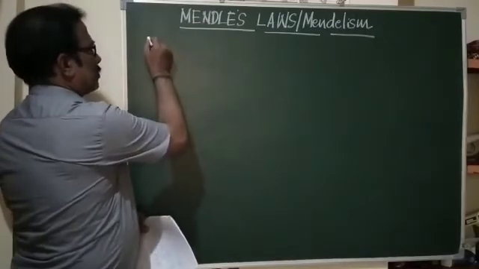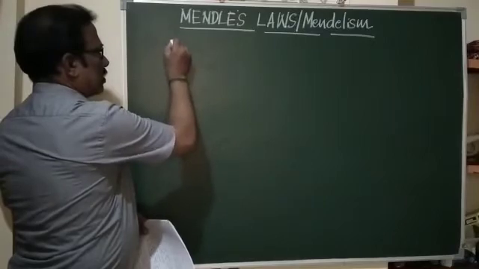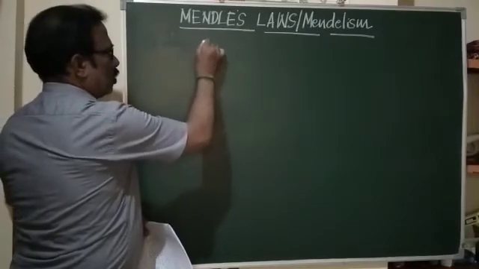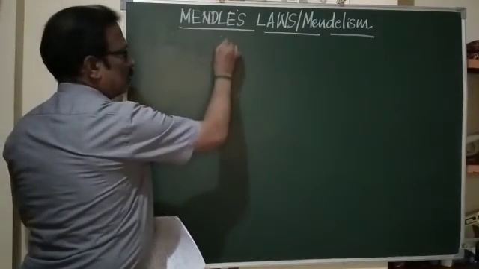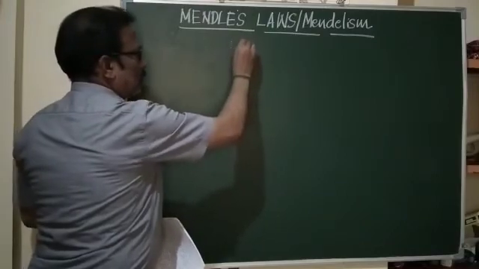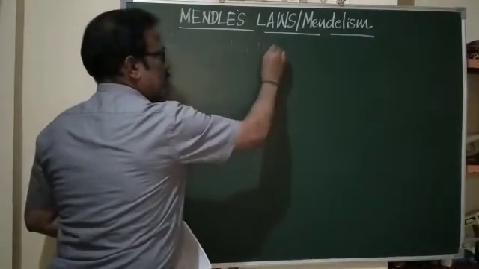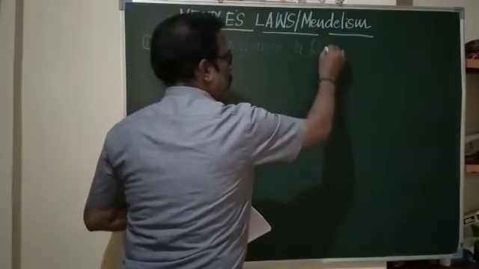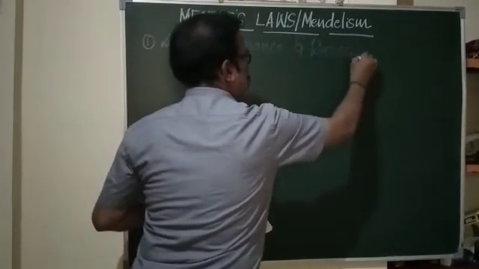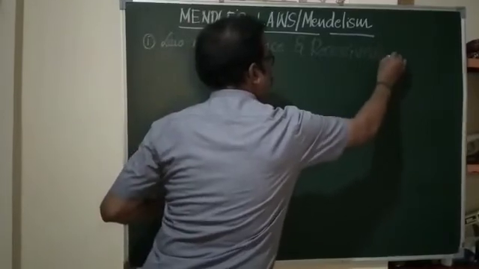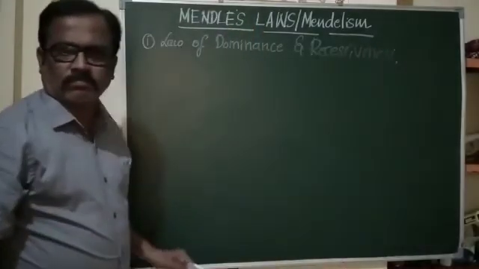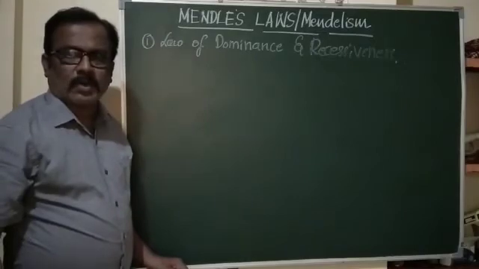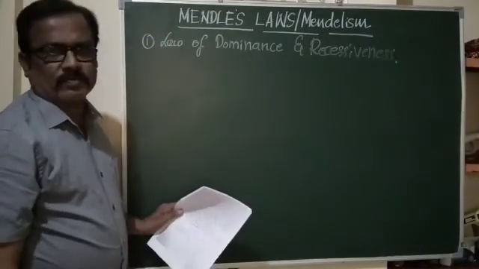In that, first one is law of dominance and recessiveness.